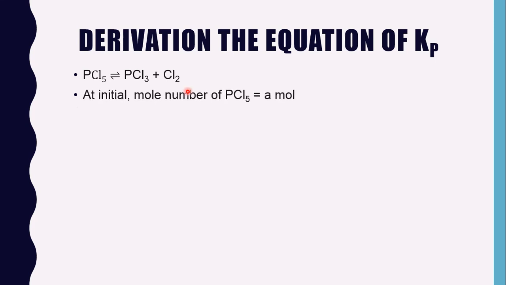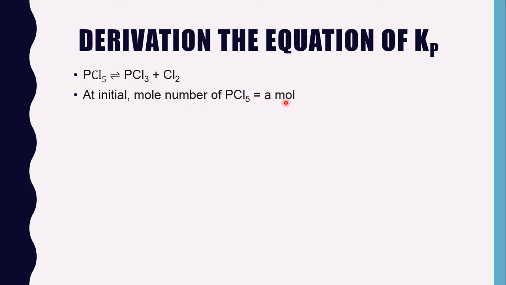Let the mole number of reactant PCl5 at initial equal A mole. Look students, here you have to take the mole number of the reactant as A mole, not 1 mole, because this A mole means 1, 2, 3, 4, 10, 100 or any number. But when you take it as 1, then it will be confined to 1 number.